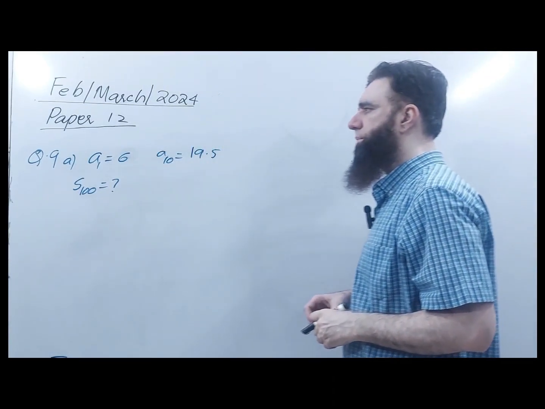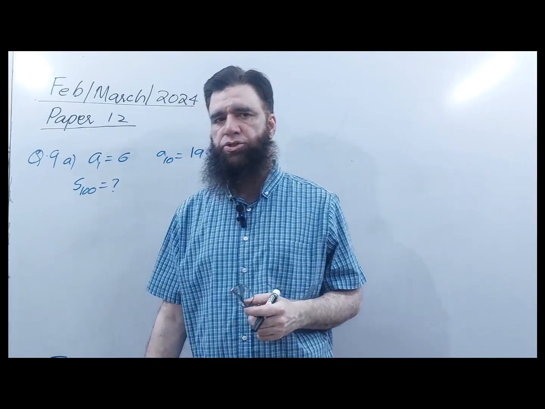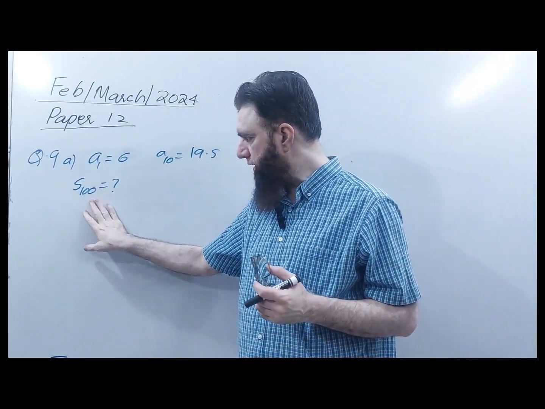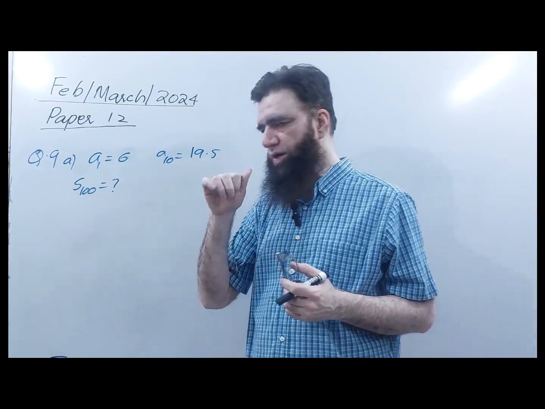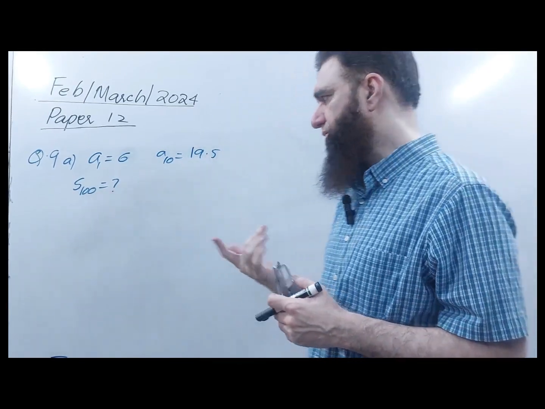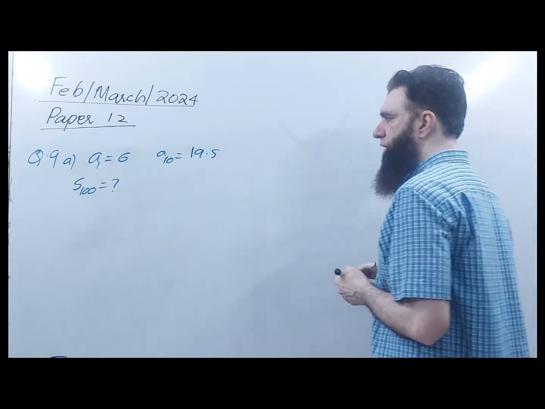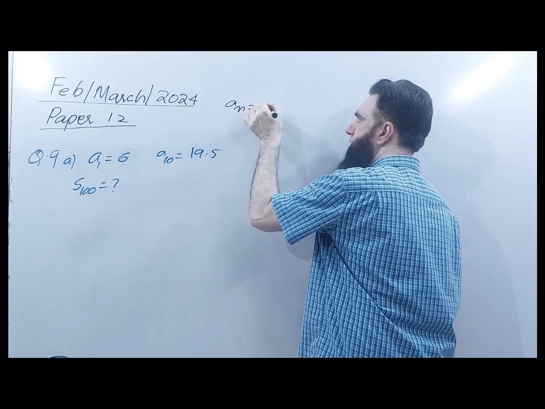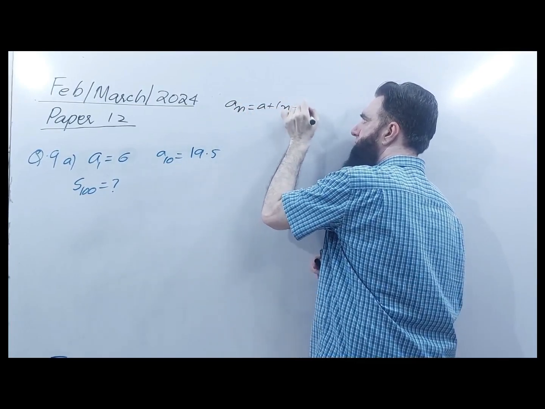Now, because we are talking about arithmetic progression, in the formula list you are given two formulas. One is the formula for the sum of the arithmetic progression and one is to find any term in the arithmetic progression. I write it for you. It's an is equal to a plus n minus 1 into d.